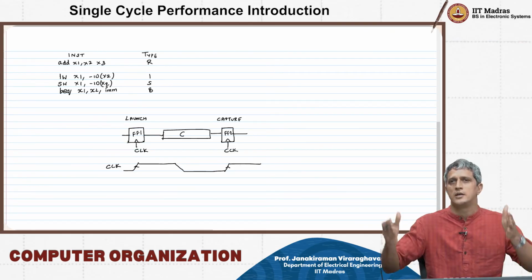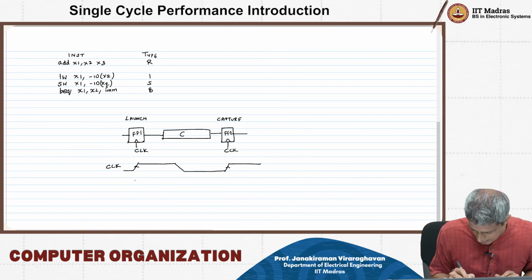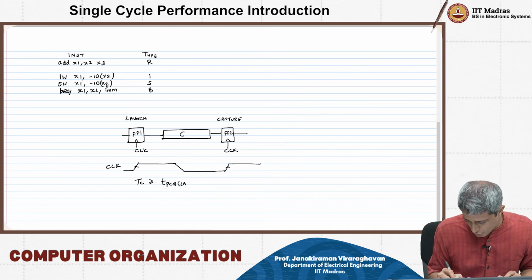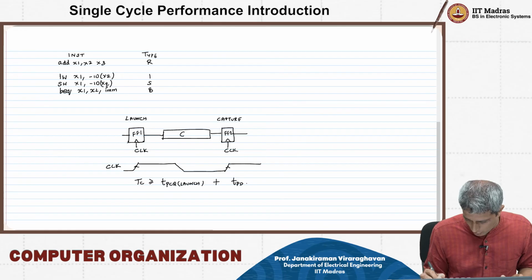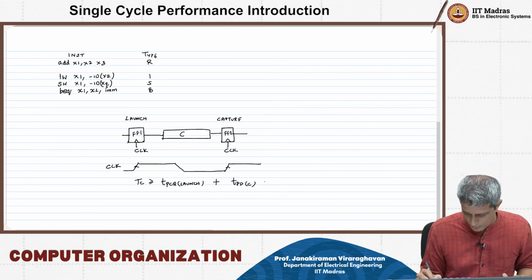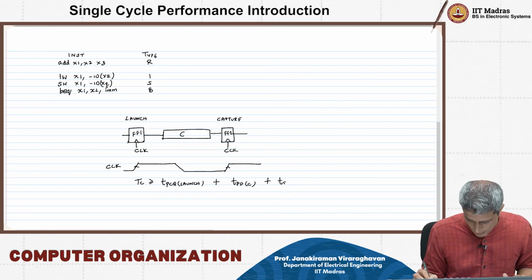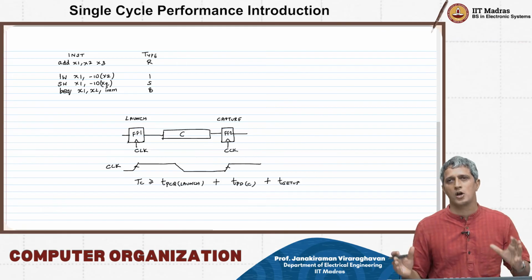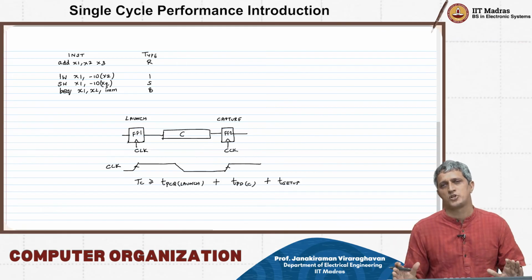Therefore, we said that the clock period should be greater than T_PCQ of flip-flop 1, the launch flip-flop, plus the propagation delay of the combinational block C, plus T_setup. This is what we needed in order to ensure that the data is captured appropriately.